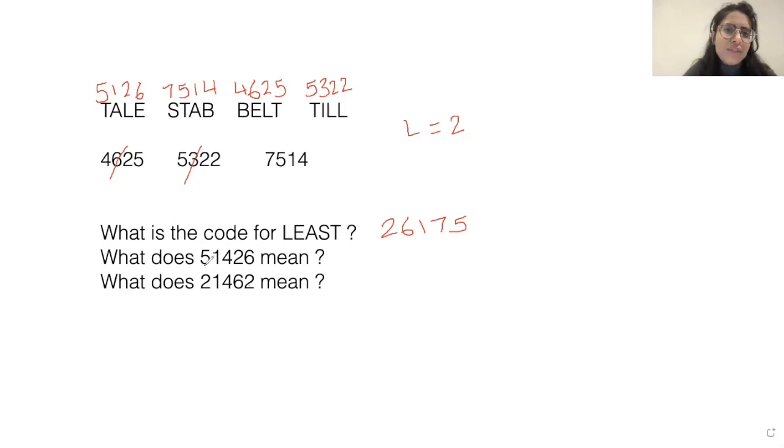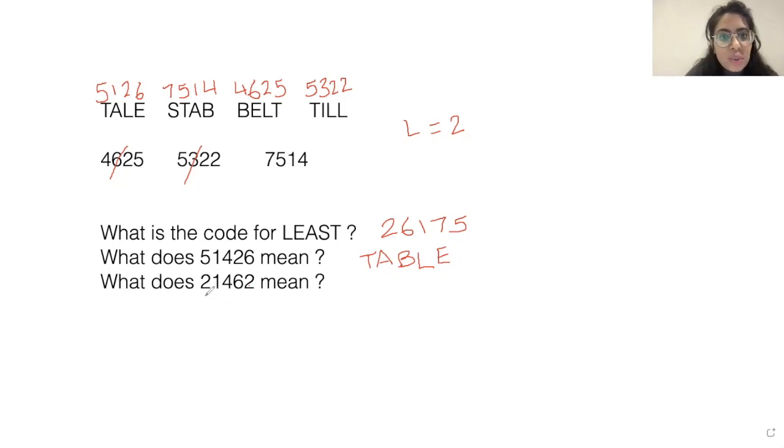So 5 we have worked out is T. 1 we know is A. 4 we know is B. 2 we know is L. And 6 we know is E. Table. Brilliant, it's made a word. So we know we're on the right track.